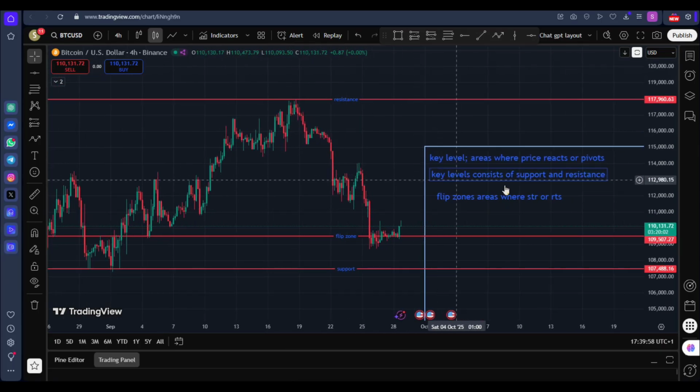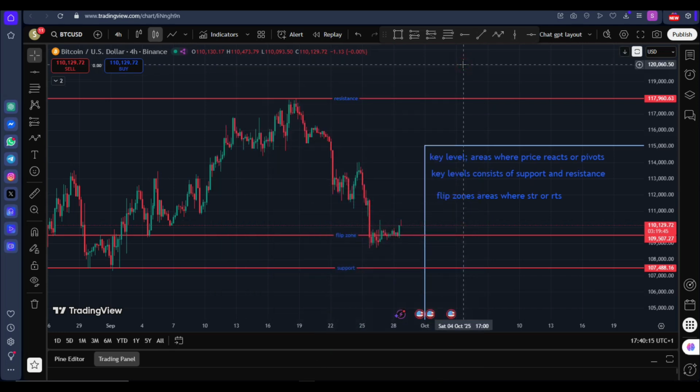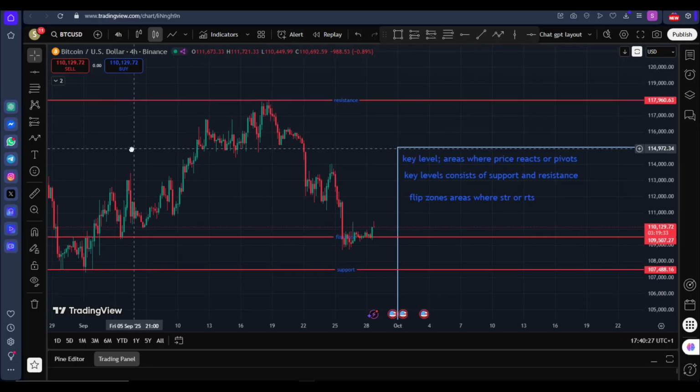Now, if you look at this chart, what is the difference between these three? As specified here, support. As we can see, this is just simply support. I'm not going to go too far back, just for the sake of example. We're just going to start from here.